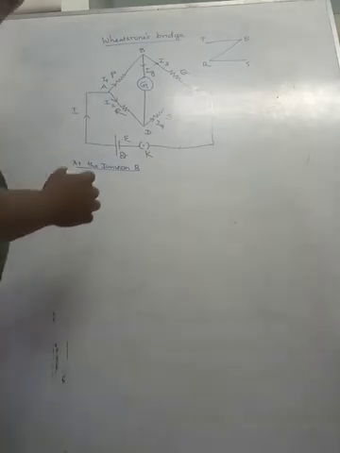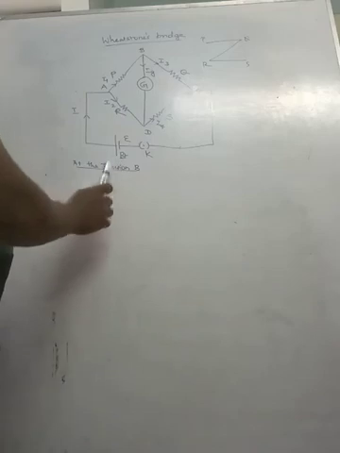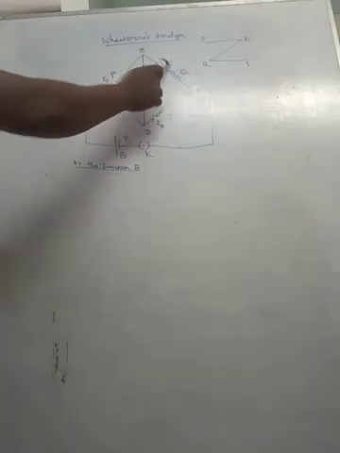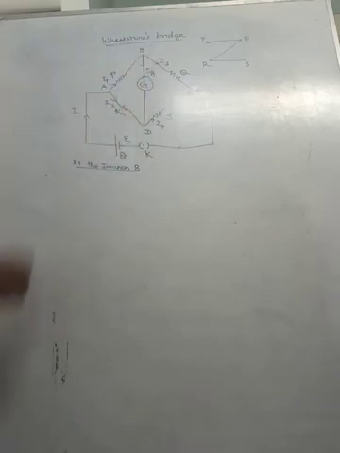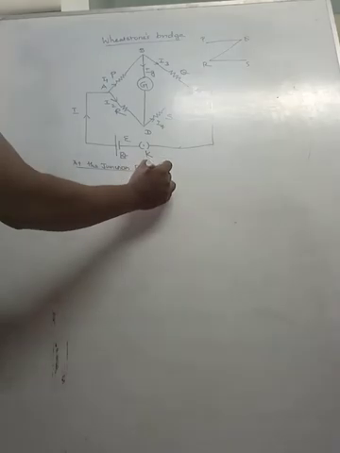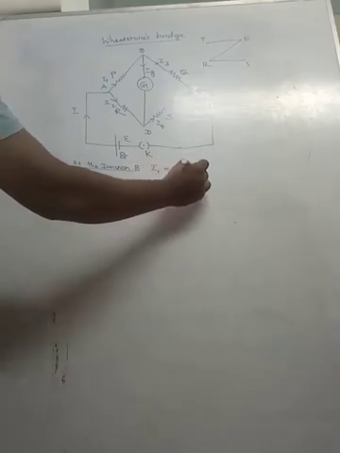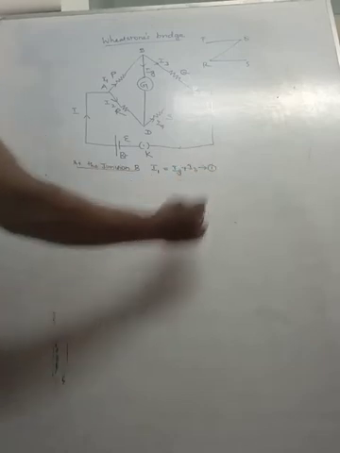The current entering the junction here is I1. The current leaving the junction here is I3 and IG. So the current entering the junction, I1, is equal to the current leaving the junction, IG plus I3. Consider this as equation 1.